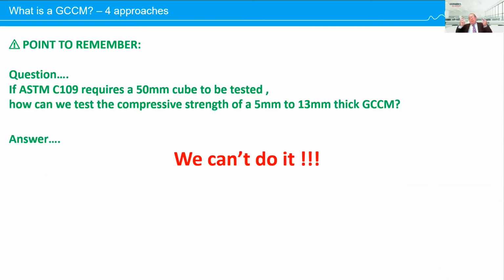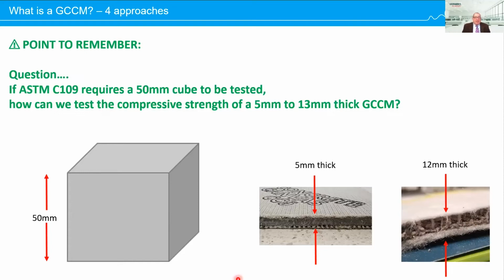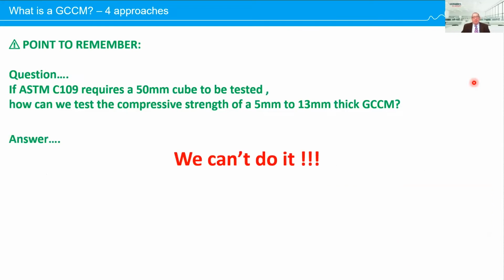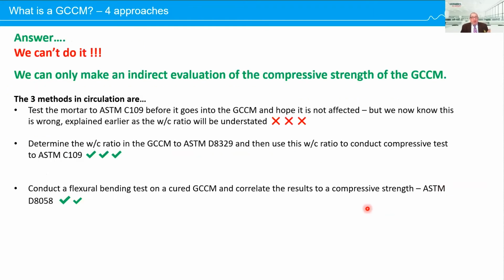So any publication of a compressive strength of a GCCM to ASTM C109 is not a test of the actual GCCM. We can't do it. It's not thick enough. We don't meet the standard. What we can do, and what is done, is we can make an indirect evaluation of the compressive strength of the GCCM.